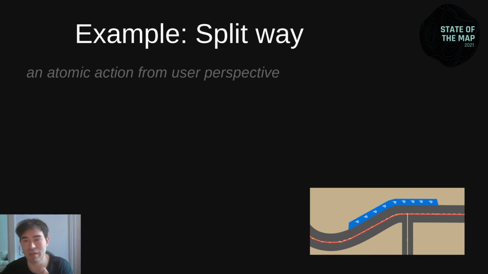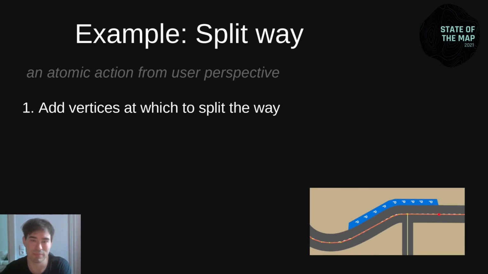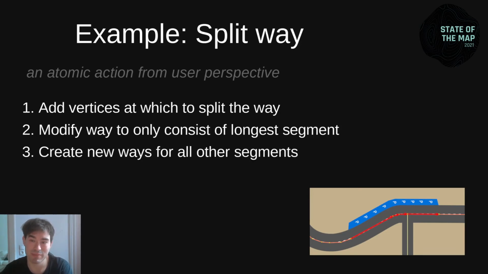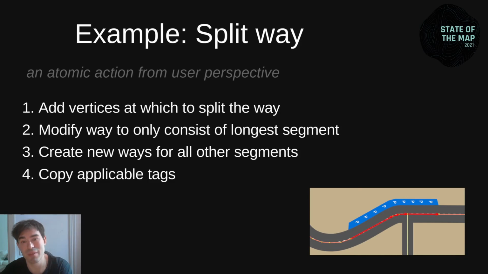First, we need to add the vertices at which we want to split the way, and then we modify the original way to only consist of the longest segment. That's the best practice anyway. And for the rest of the way, we create actually new ways and put all the tags, or at least the applicable ones. Maybe we shouldn't put step count, for example, into these new ways.